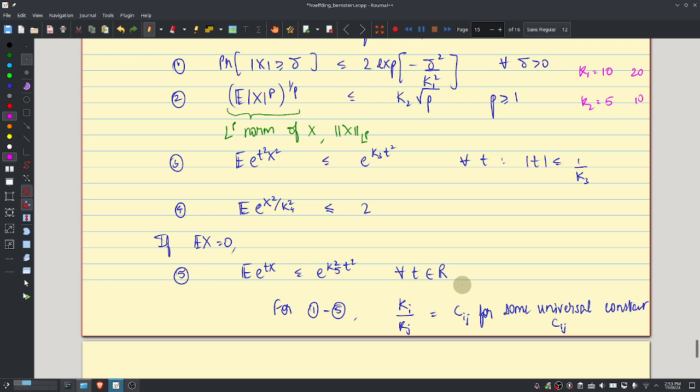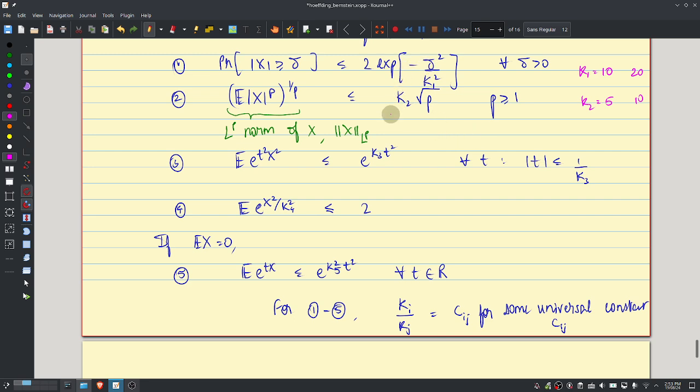Yeah. So let me go through the proof and maybe that makes more sense. Essentially, I'm hiding K1, K2, K3 and so on. So I can say that if this holds, I can fix a particular K, let's say K1, then K2 will be, I don't know, maybe 10 K1.